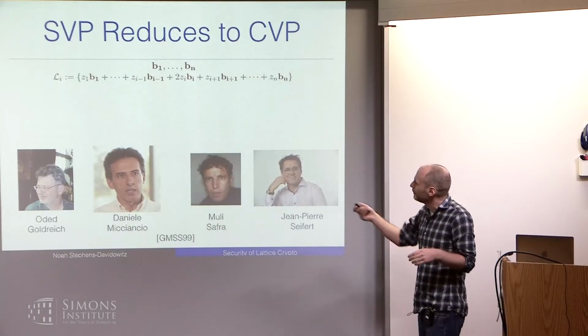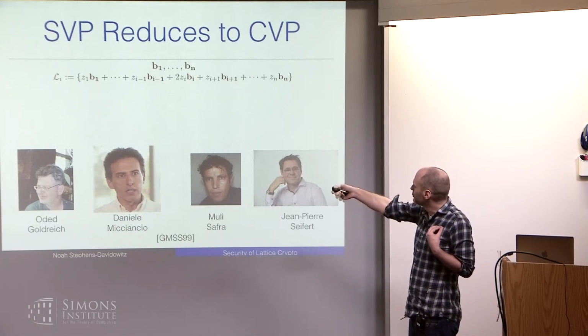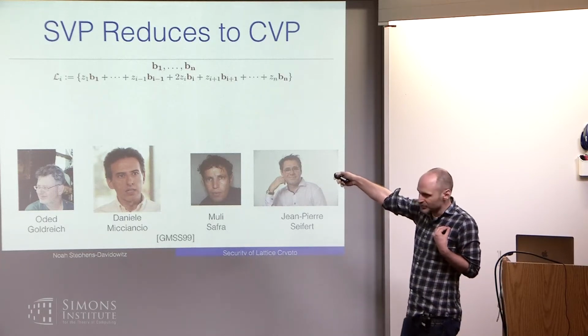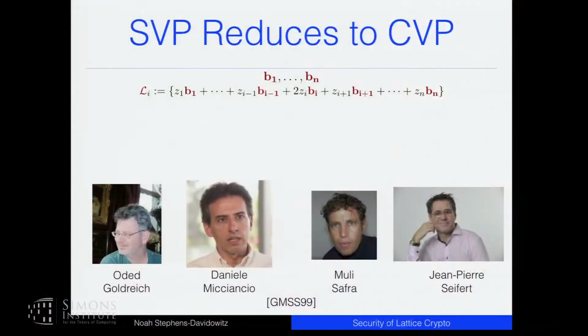It goes as follows. You consider the following lattice, which I'll call L sub i. And L sub i is the lattice generated by still the same basis, B1 through Bn, except I should have an even coordinate in my ith basis vector. So you can either think of it like I doubled the ith basis vector, or like I restricted to the set where the ith coordinate is even.